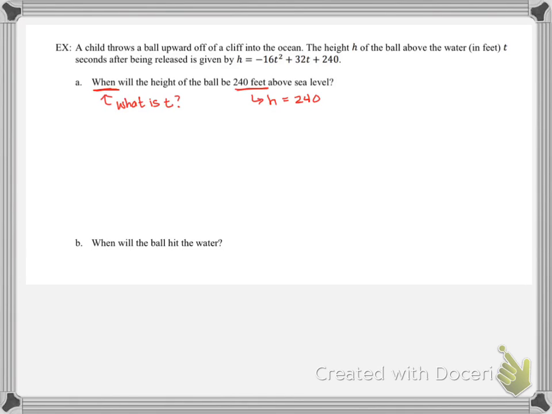So you could, if you wanted to, just to give yourself a quick reference point, write height is h and time is t. But that's not something I'm going to grade. It's not required for problems like this because they tell you in the problem what the variables represent. So those are already defined for you.